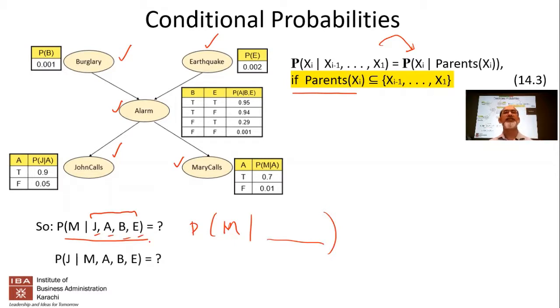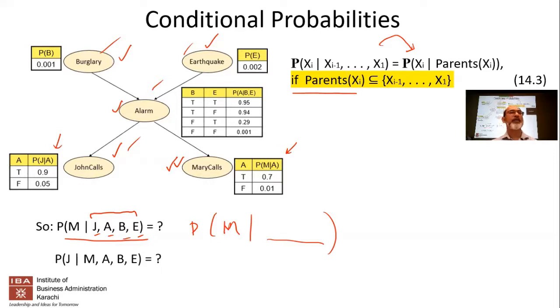Or can some of these be removed? Look at the conditional probability tables. The conditional probability tables are already giving you a hint. So here, what could we actually remove? We're saying the probability that Mary calls, given all of these other guys, right? But does it really depend directly on all of them?